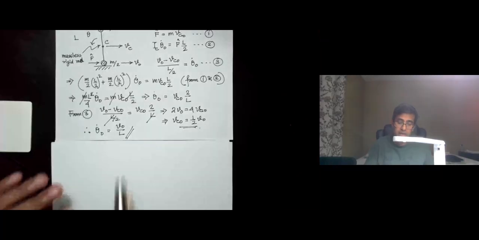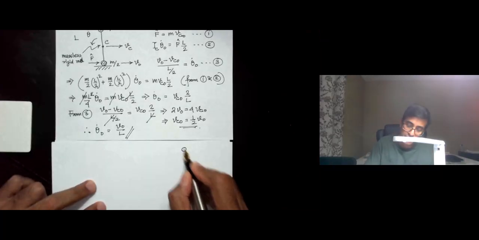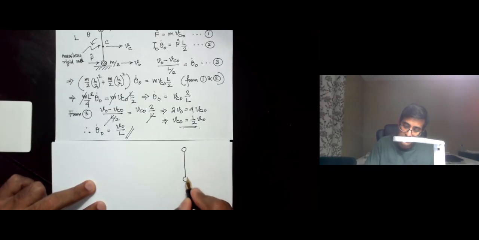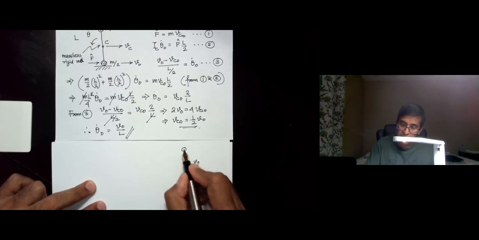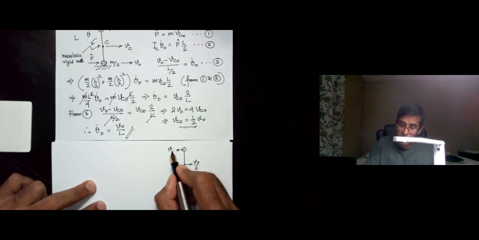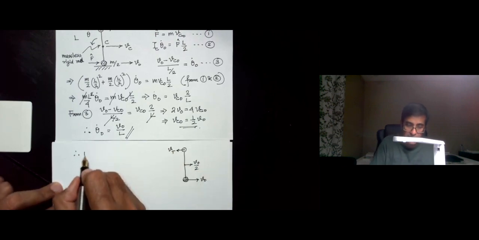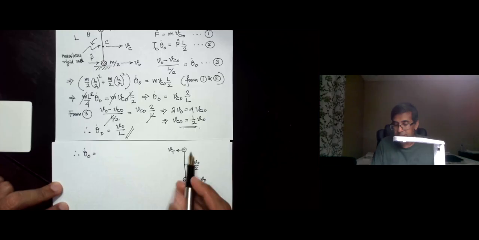You can see here that indeed in this case, let's say the velocity at the bottom is V naught. At the center we said the velocity is V naught over 2. Let's say the velocity at the top is V top. Then you can already see that it's going to be 0, because these are equidistant.